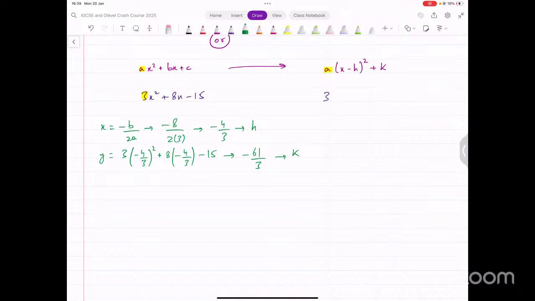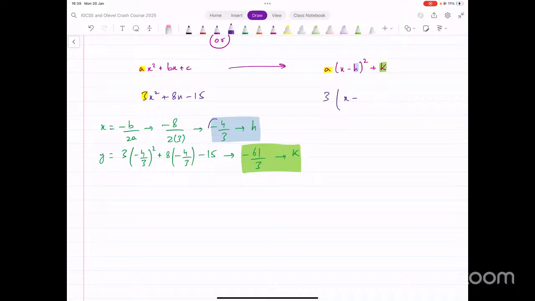You have h and k now. H is minus 4 over 3, right? And k is minus 61 over 3. Just input these values there in place of h and k, and you'll get your completed square form. 3 into x minus h.